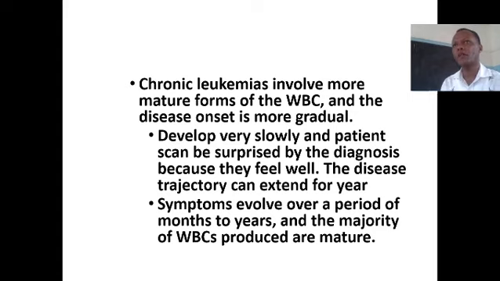They feel well, they are okay. The disease trajectory can extend for years and years. The symptoms evolve over a period of months to years, and the majority of the white blood cells produced are matured.